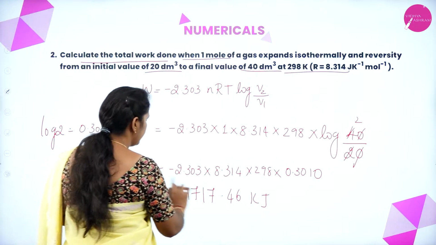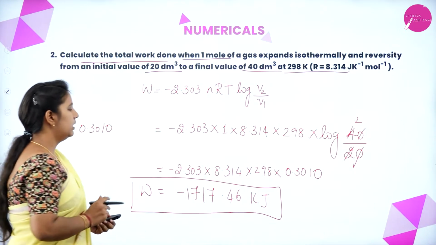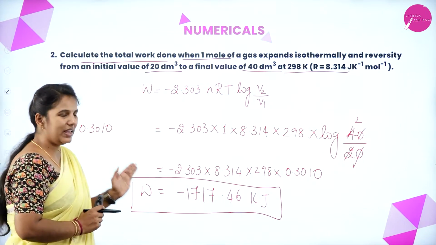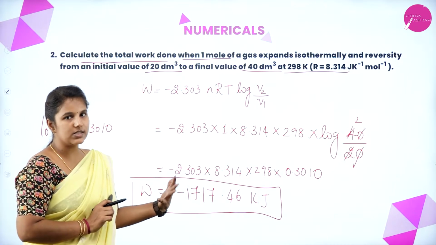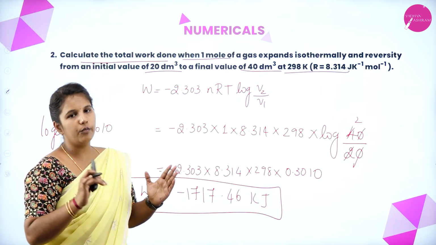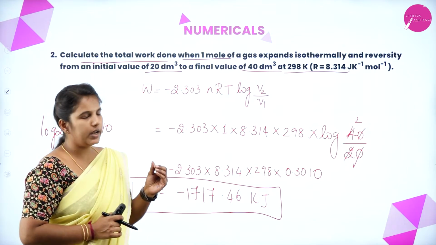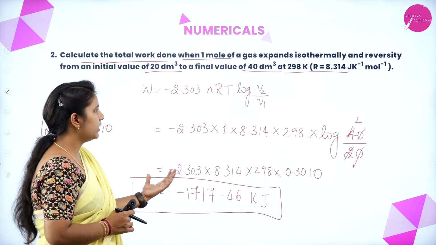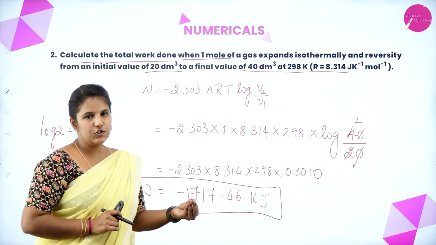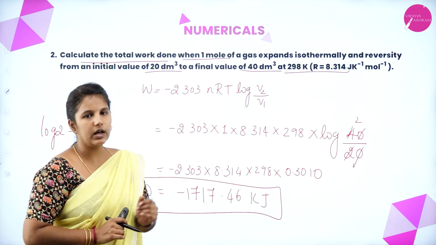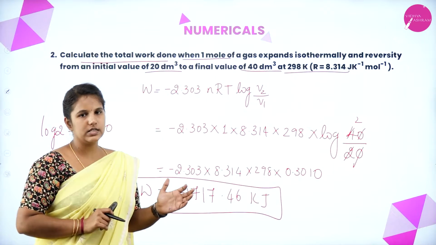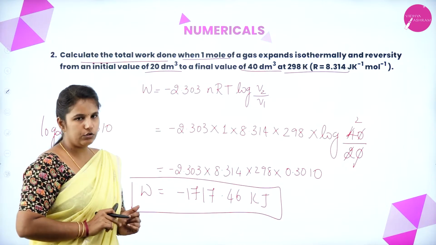This is how the work done of the system can be easily calculated using this relation. Please see how many moles they have given, what the temperature is, what the gas constant is, because the gas constant is a constant value, and see what the change in volume is and put it in the formula, and you can easily solve this numerical to get 2 marks.